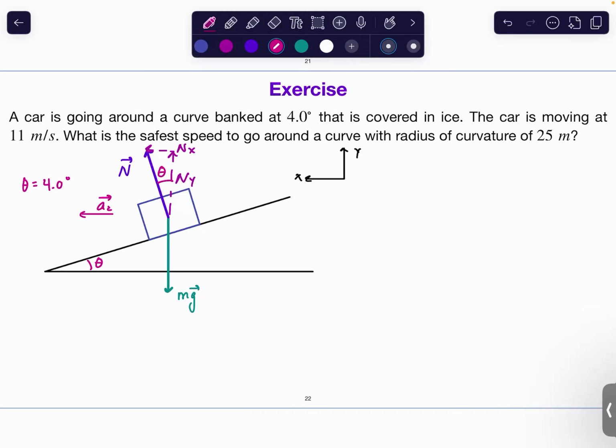So yeah, there is going to be a balance. It's going to keep your car going around the track. It's not going to be going so fast it slides up the track and off. It's not going to be going so slow it slides down the track. We want to know what that speed is. Okay, so let's start with, I'm going to go ahead and write these down.